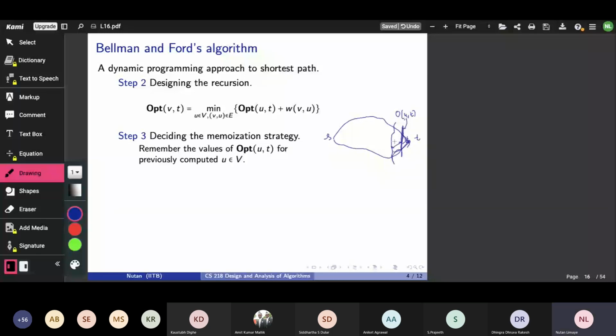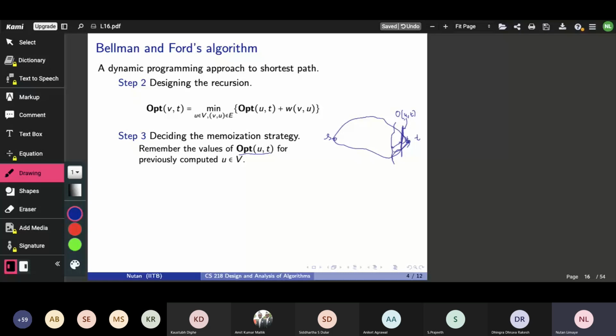Then I look at all the vertices that have direct edges to the vertices I just considered and therefore paths to T, and so on and so forth till I finally reach S. So I built from these smaller subproblems, and the memoization strategy is simply keep track of the values for opt of U comma T for various U's that I keep computing from the smallest to the largest, from the closest to T to the furthest to T.